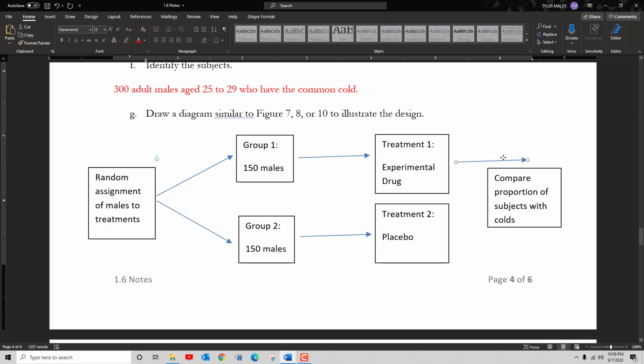We would take that data from both groups and compare. So there's a diagram that illustrates what we're doing: taking all of our males, randomly assigning them to two groups, applying treatment 1 and treatment 2, and then taking that information and comparing the proportions of subjects with colds. That's what we're looking for there.